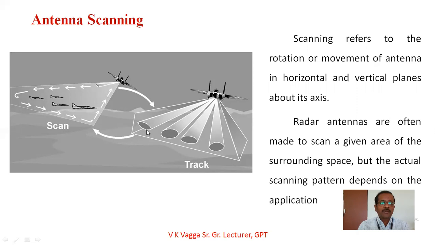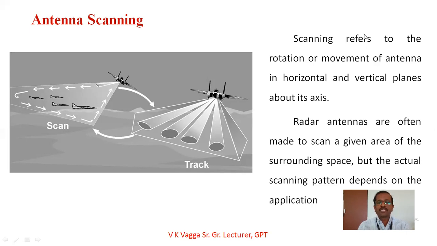You can see the tracking area expanded and shown in this place, and it is going to scan the certain area and identify whether any target is available. And if it is available, whatever signal is radiated by this antenna is going to hit the target, and again it is going to come back.